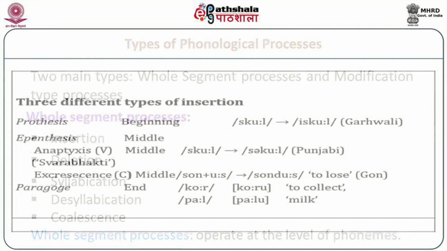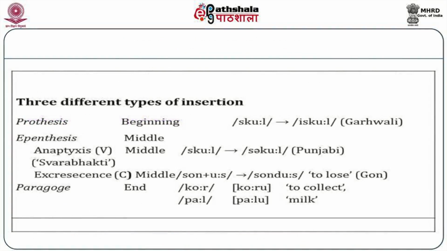Insertion takes place when one or more segments are added in a morpheme or a word. These are of the following types: prothesis, which involves insertion at the beginning of a word. For example, the loan word school is adapted into Garhwali as ischool, or in some varieties of other Indic languages.